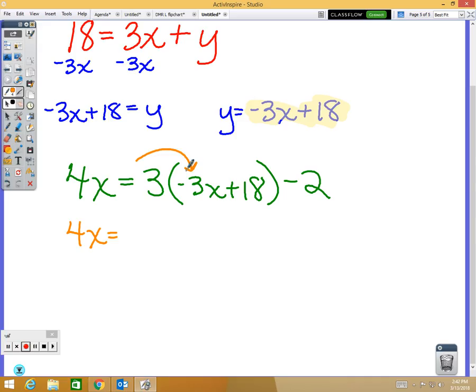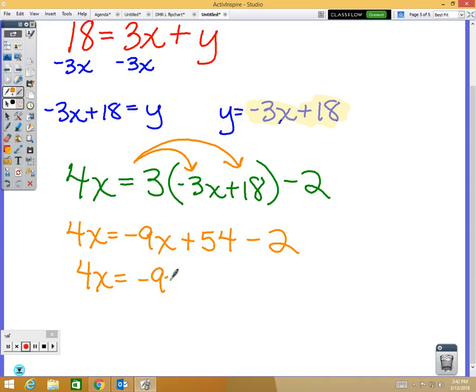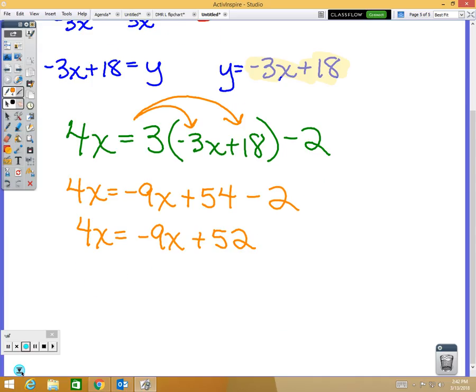So we're doing 3 times negative 3x, 3 times 18, and then minus 2. Combine like terms. I know some of you have already worked ahead. Just stop once you get to x equals whatever, stop for me so you don't go too far.